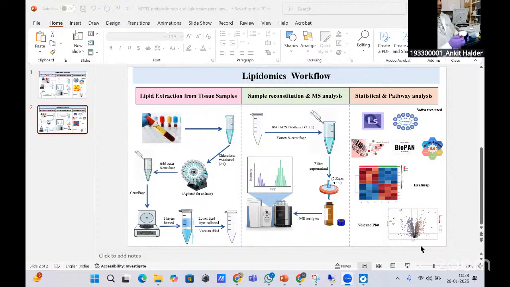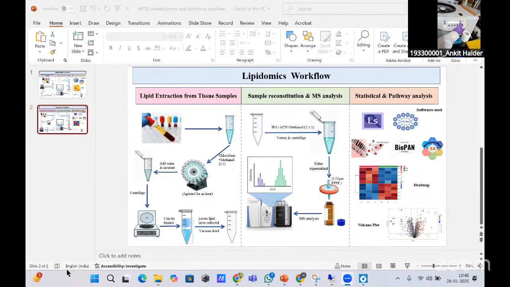So we keep the tubes here, and we run it in the centrifuge. Before isolating the serum, we need to keep the temperature at 4 degrees Celsius, and the speed we can keep at 3000 RPM or just higher than that, and the temperature we need to keep at 4 degrees Celsius.